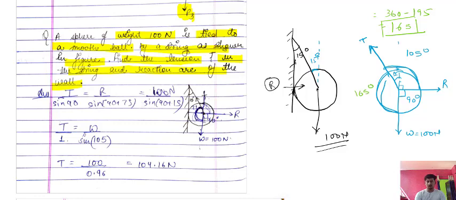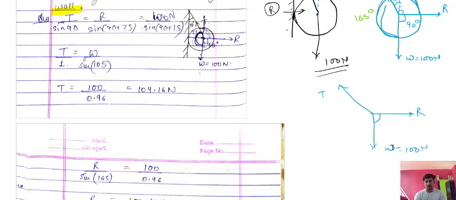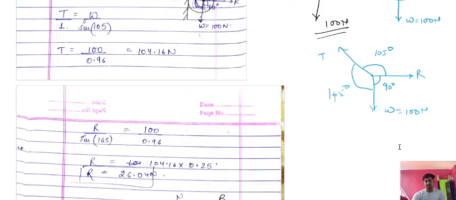So now we have all the angles. Now you have to make another diagram so that you can apply Lamy's theorem. Here one tension is there, here one reaction is there, here one weight is there, that is equal to 100 Newton, and this angle is 90 degrees, this angle is 105 degrees, this angle is 165 degrees. So this is the system which is in equilibrium, three forces are acting here.